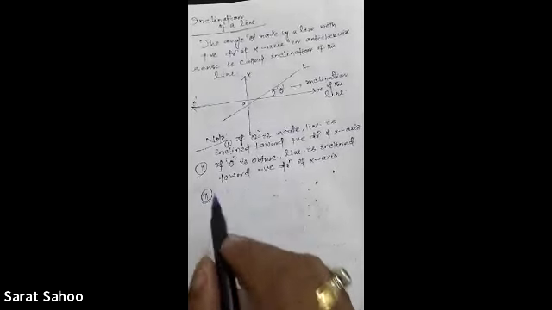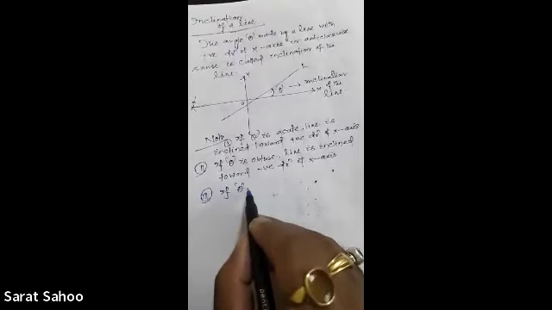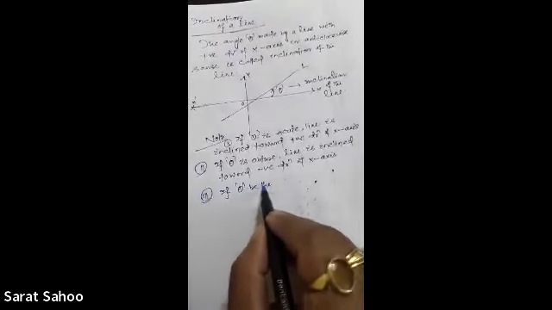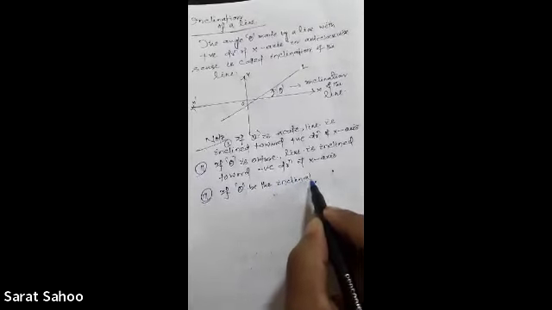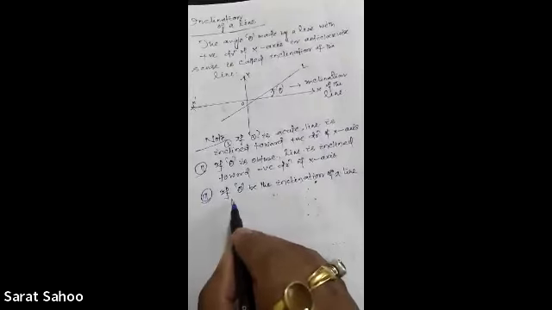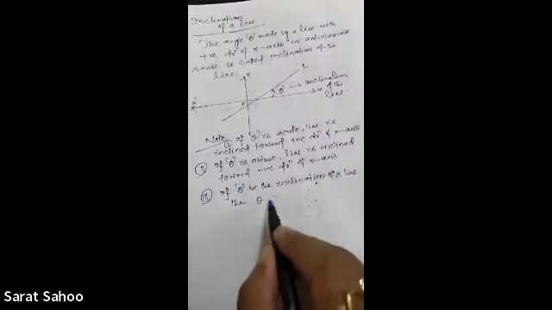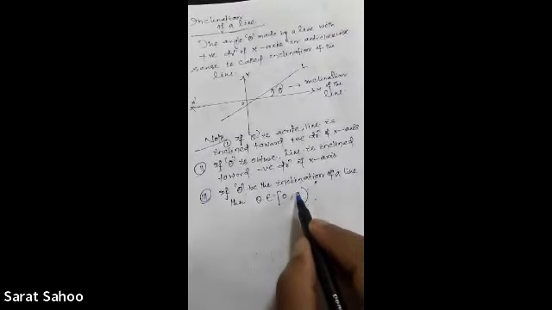Third note point, if theta is the inclination of the line, then theta belongs to 0 to pi.